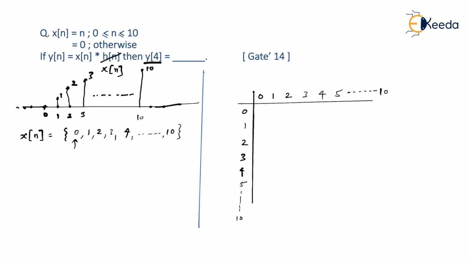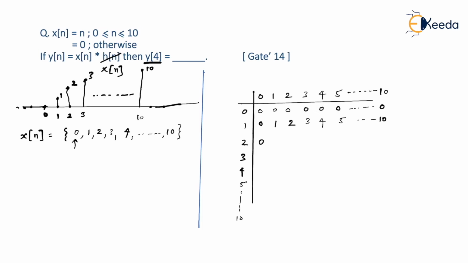If you multiply 0 with any number, you'll always get 0. So in first row, we will have all zeros, right? Next, when you multiply any number with 1, it remains same. So we'll be getting 0, 1, 2, 3, 4, 5, and so on to 10. So multiplying with 2 will give you twice the number.